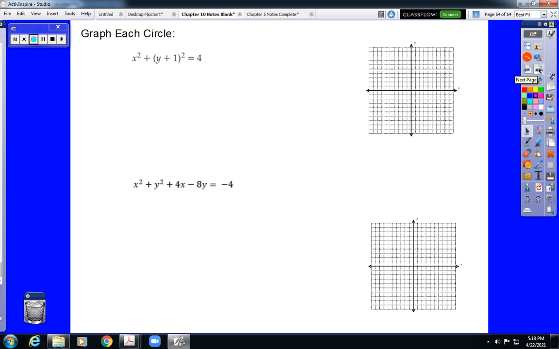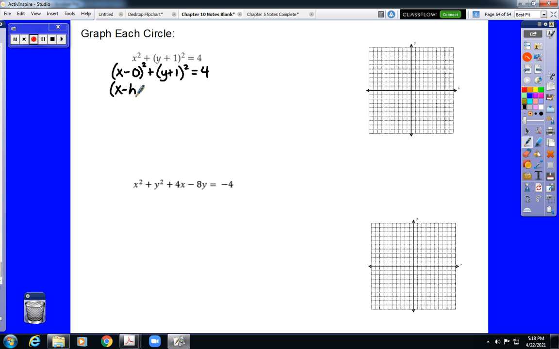Okay, so in the first example here, it is already in standard form. Remember that if there's no number attached to x, that means there's really a 0 there that is not written. So when we look at this, we have x minus 0 quantity squared plus y plus 1 quantity squared equals 4.